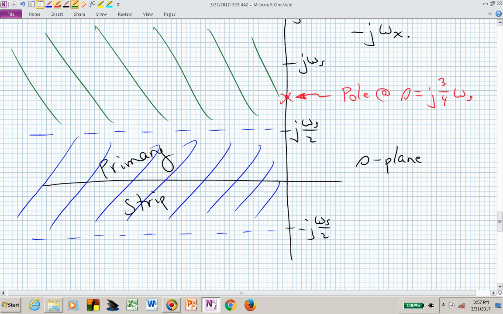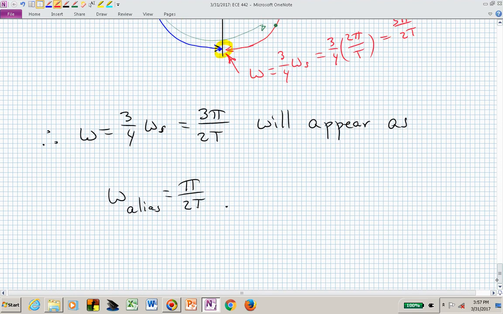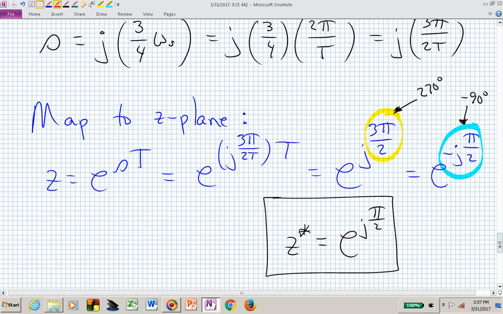They will actually be aliased back down into this primary strip. And it will now appear, just like this particular pole at 3/4 omega sub s, as if it's a frequency of this omega sub s over 2. Or I should say this j omega alias, which in our case we had as pi over 2T.